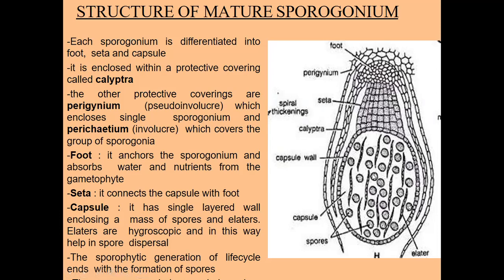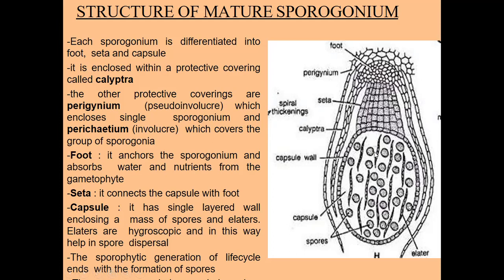These cells will undergo reduction division again, resulting in the formation of haploid spores. So these are the spores. Some of the cells develop into spores, and some develop into the long elongated elaters.